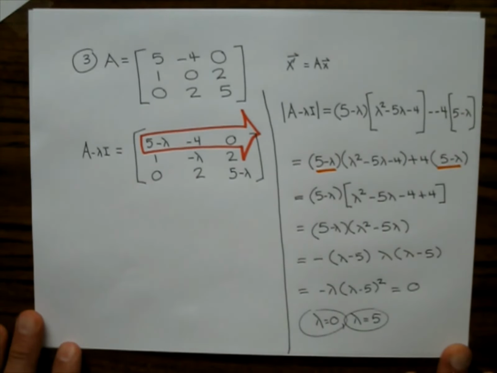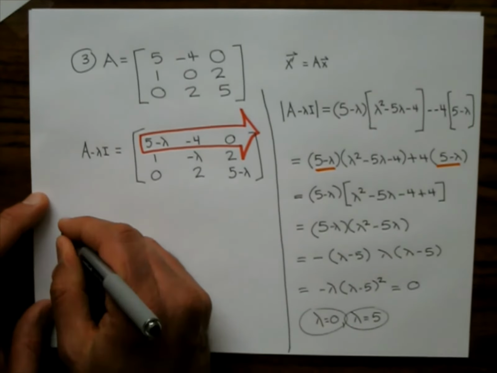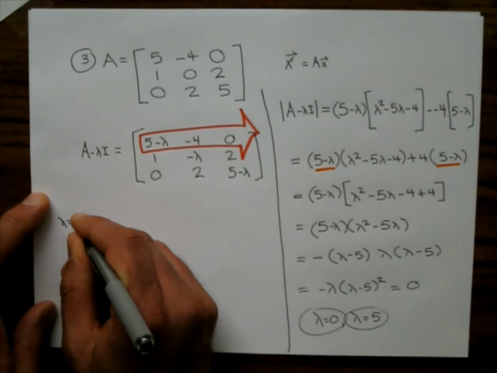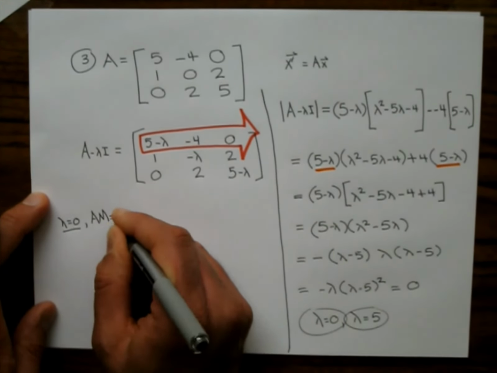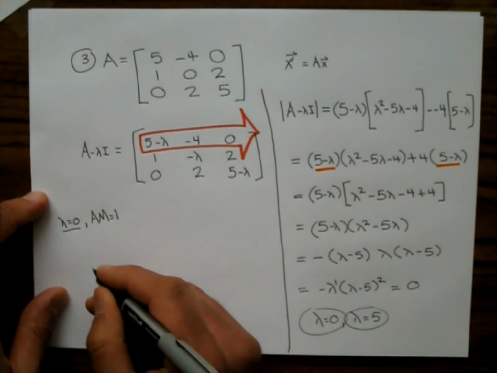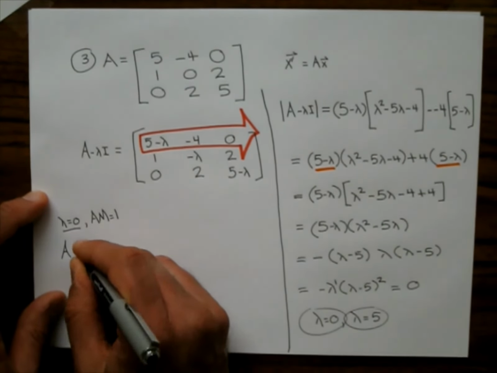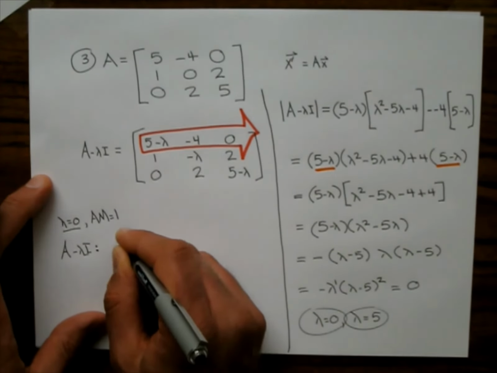So now what I'm going to do is go find the eigenvectors associated with those. Lambda equals 0 has algebraic multiplicity of 1, as you can see right there. And I'm going to go ahead and write out the A minus lambda I matrix, and I'm finding the null space of that.